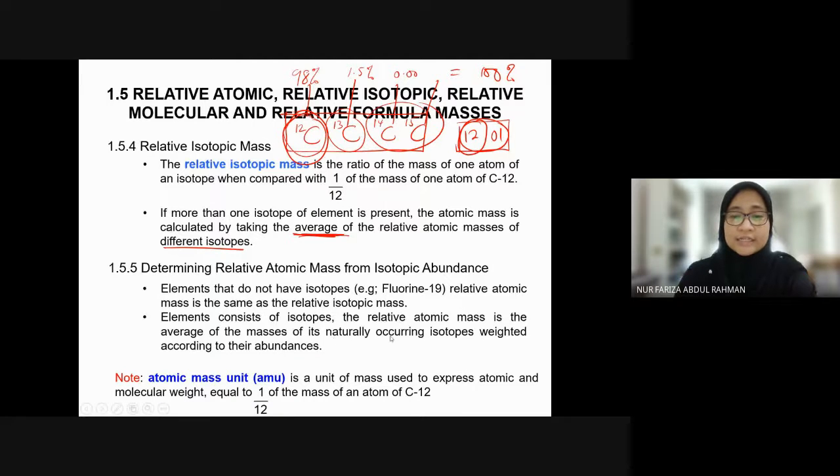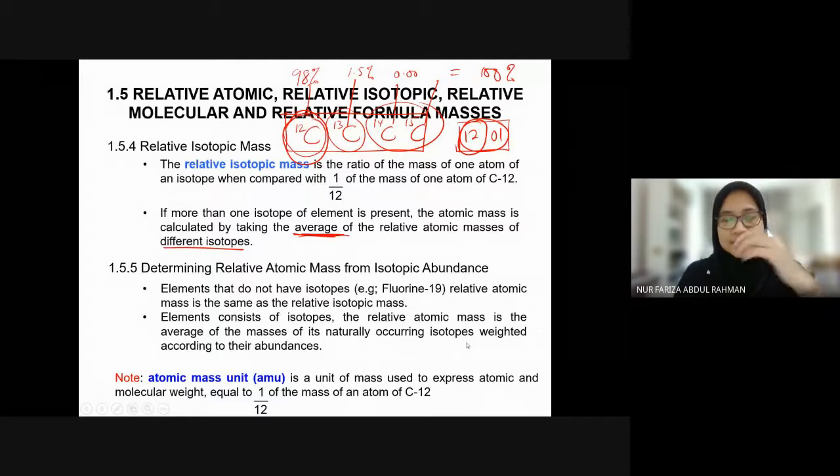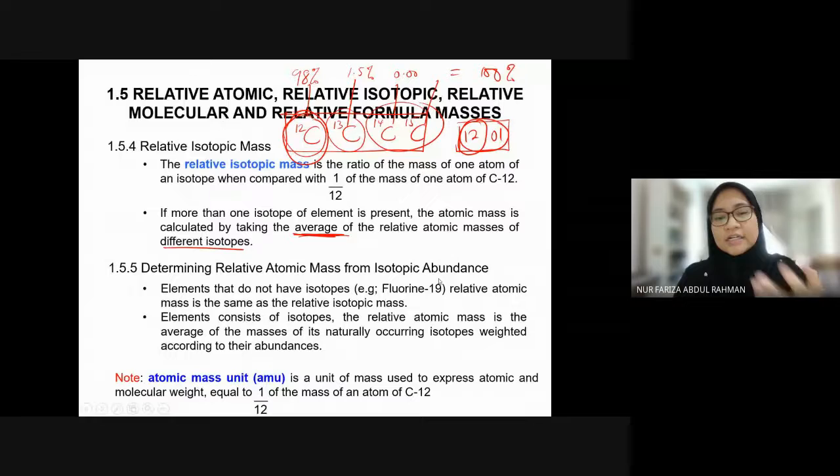Naturally occurring isotope means it naturally exists in the world. This can be represented as abundances, the percentage that I have mentioned just now. So the percentage shows the naturally occurring isotopes in the world.